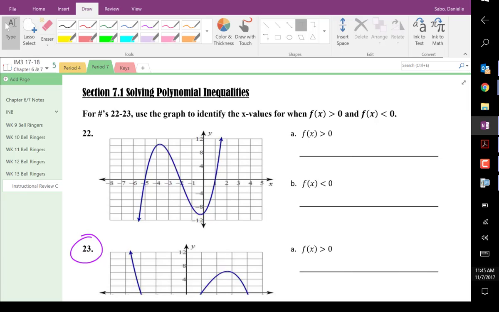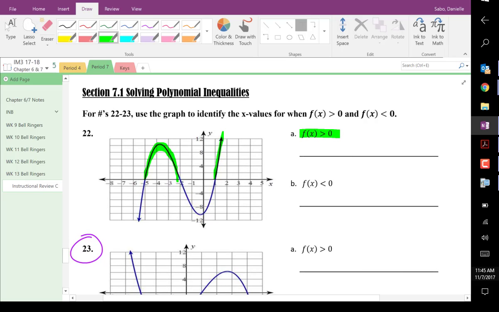Okay, so this is when you need 2 different color highlighters to help you out. When is the function greater than 0? Is that going to be above the x-axis or below it? Greater than, above. So I'm going to highlight these pieces here.